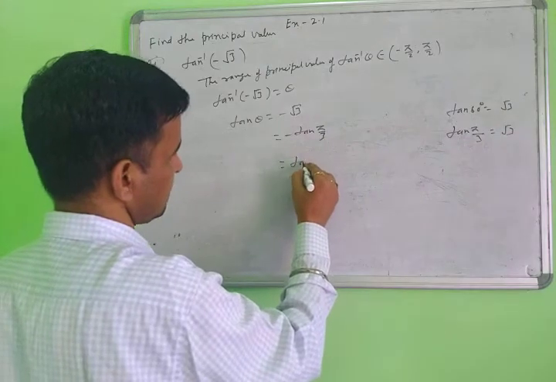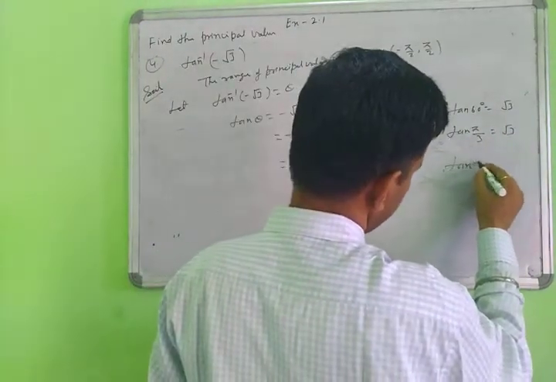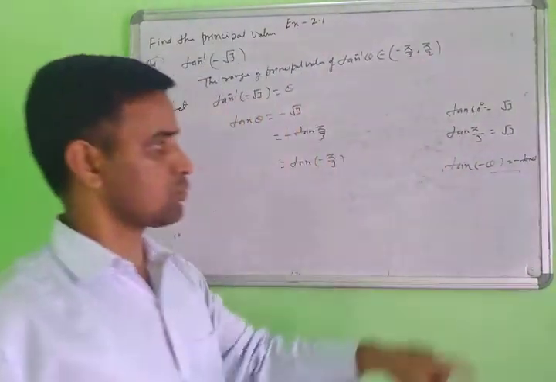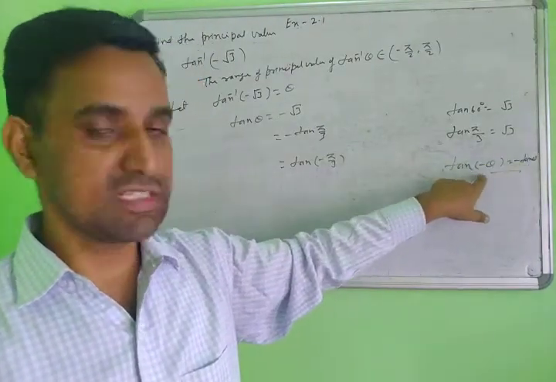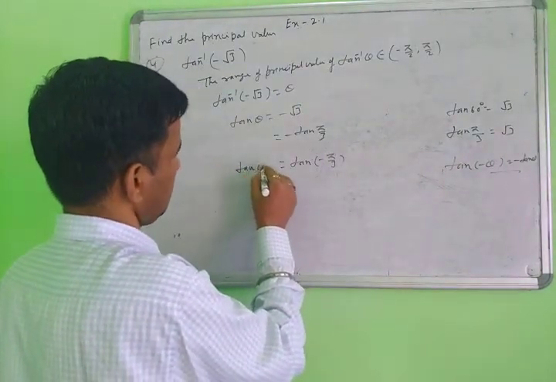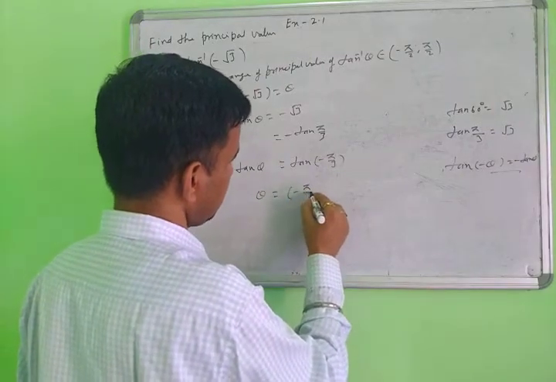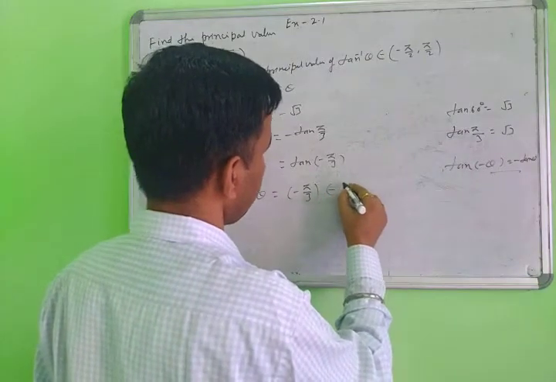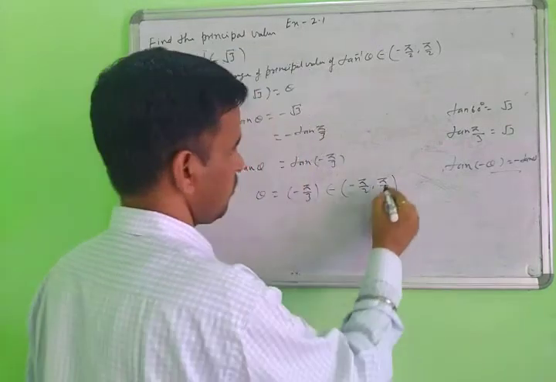And tan minus pi by 3 means tan minus theta equal to minus tan theta. This is the fourth quadrant, and in the fourth quadrant tan is negative. What value of theta here? This is minus pi by 3, and this belongs to the open interval minus pi by 2 to plus pi by 2.